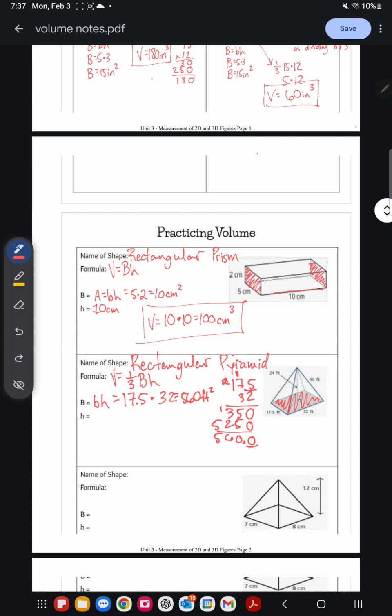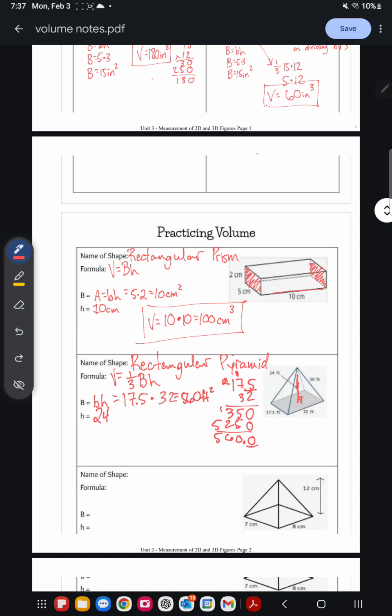The height of our pyramid is, let me erase all that, this line right here, and the length of that is 24.